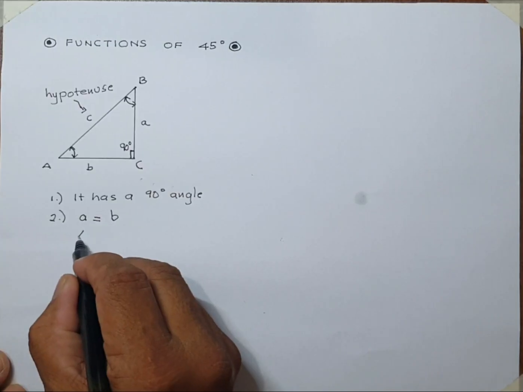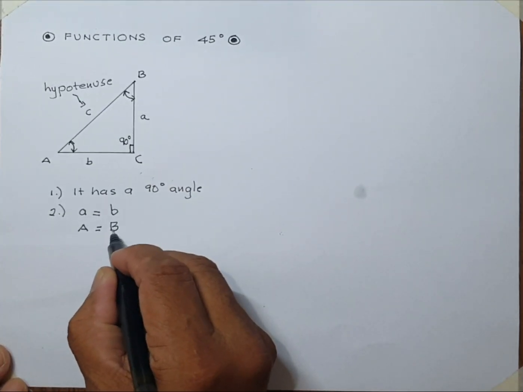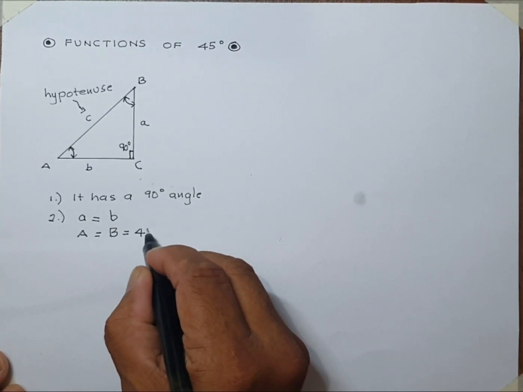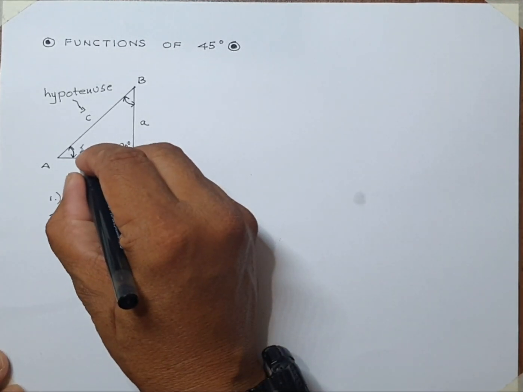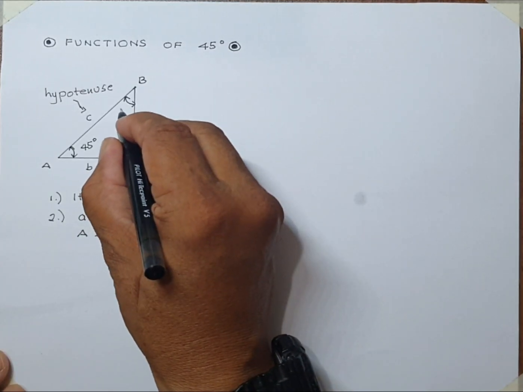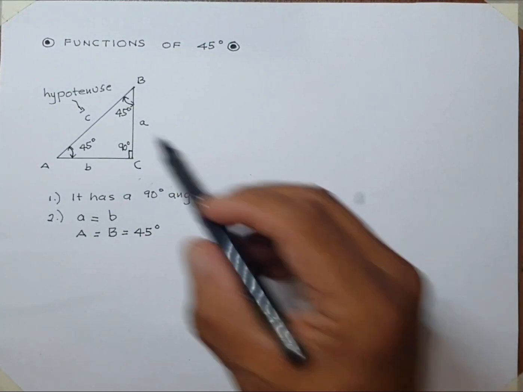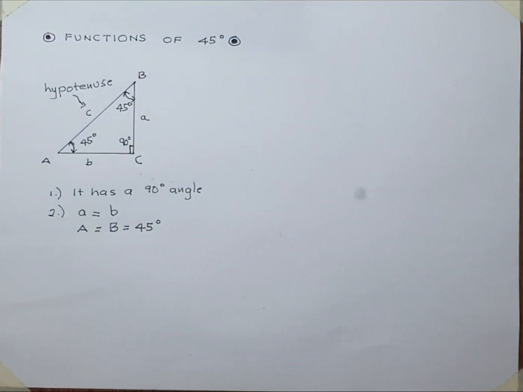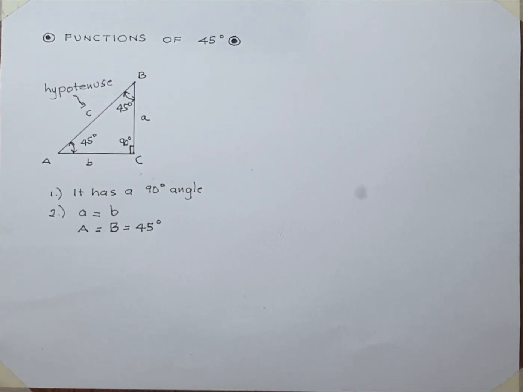So angle A is also equal to angle B, and their measures equal 45 degrees. So this one is equal to 45 degrees, and so is angle B. If you add the three angles of the triangle, that would sum up to 180 degrees.